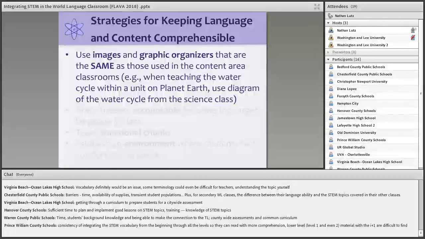If you can't find one exactly the same, you could change the language yourself or just strive to make it look somewhat similar, because students will take that knowledge from that first experience and transfer it over to the second experience in our world language classroom. And it just helps some learners really make those connections a lot stronger and a lot faster because they are so similar that there's no disorientation going on because you've sort of changed the paradigm there.